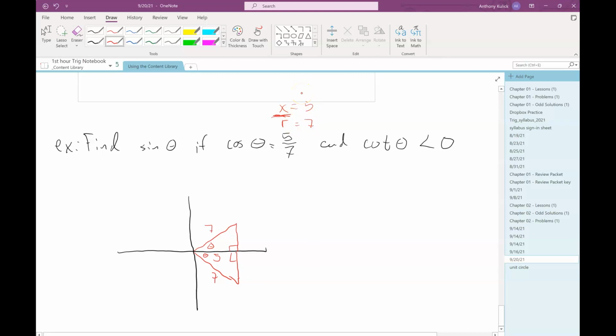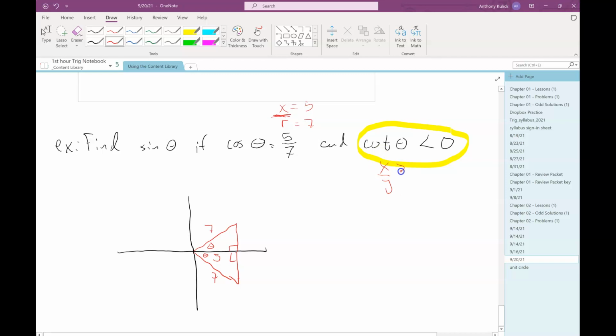So the question becomes, which one of these two triangles should I be looking at? The one in the first quadrant or the one in the fourth quadrant? This other piece of information is going to tell me. Cotangent, I remember, is x over y.